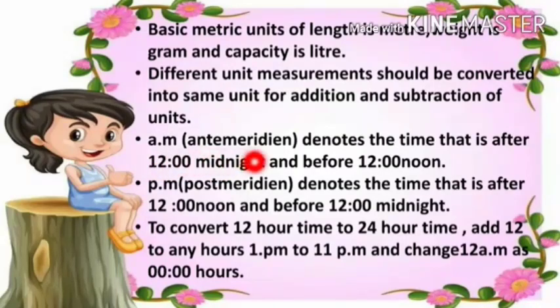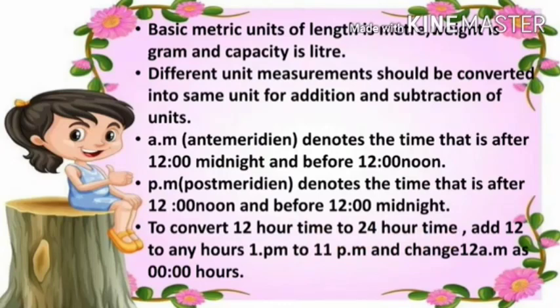AM, ante meridian, denotes the time after 12 midnight and before 12 noon. PM, post meridian, denotes the time after 12 noon and before 12 midnight. To convert 12-hour time to 24-hour time, add 12 to any hour from 1 PM to 11 PM and change 12 AM to 0 hours. Students, it's clear now.